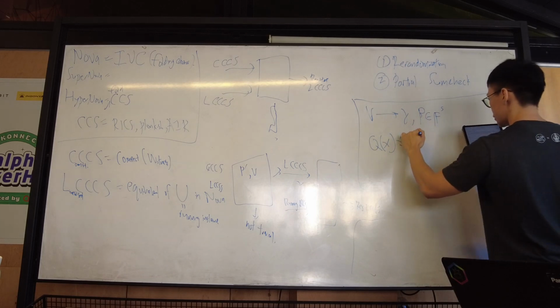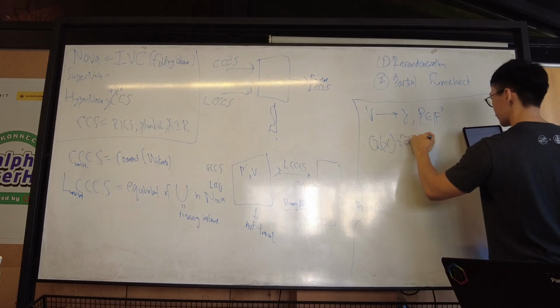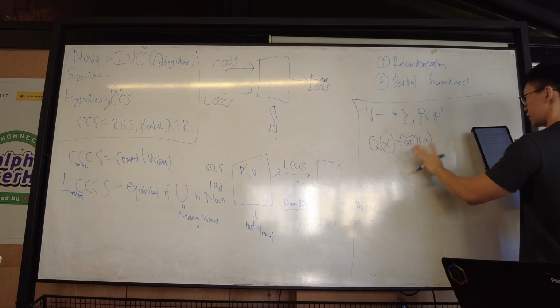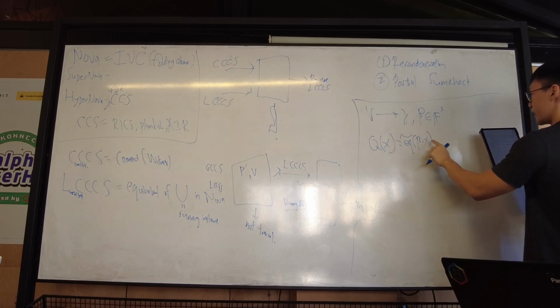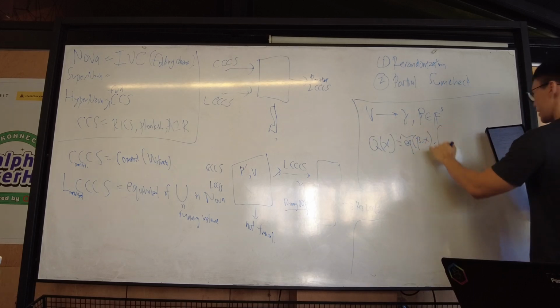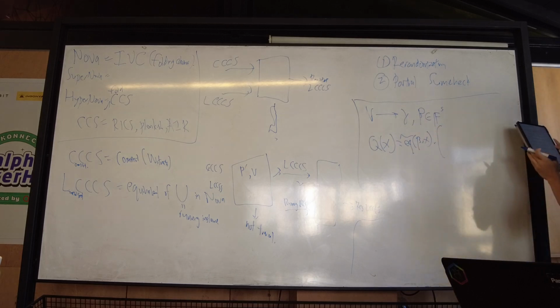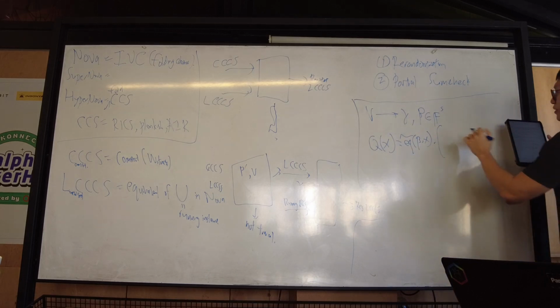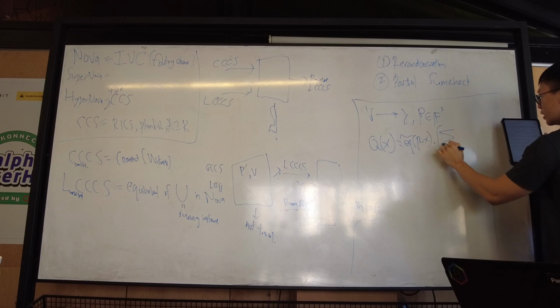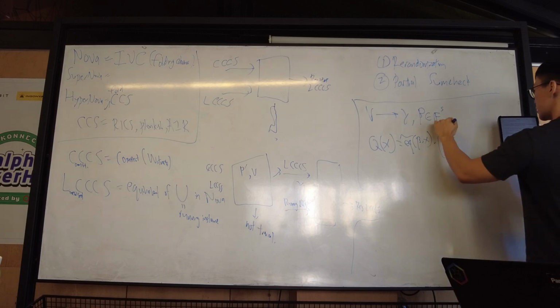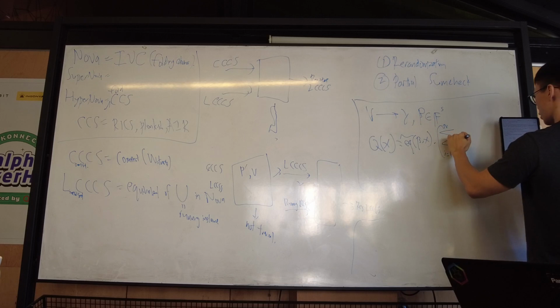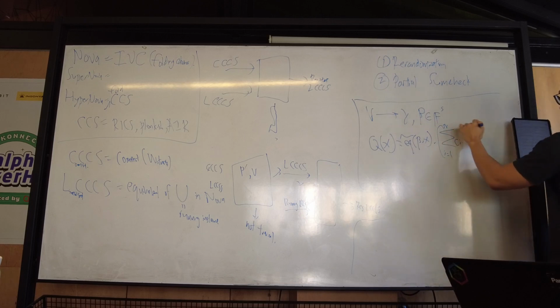So you can assume that this will be 1 only if these two are the same. If this beta and x are the same, it will be 1. And then you take in a bunch of math here, and this is awfully familiar to the definition of CCS. So again, this is the constant of CCS, right? And there's a product.